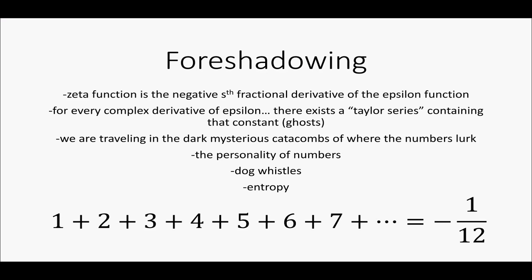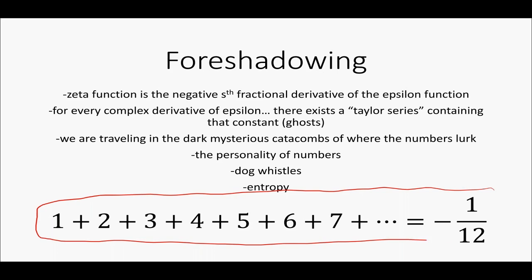Because literally, this is what this is all about. When I show this equation to people, they say oh, that doesn't make any sense. How does something that gets bigger and bigger and bigger add up to a negative fraction, 1 over 12?